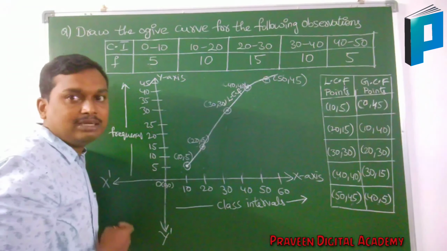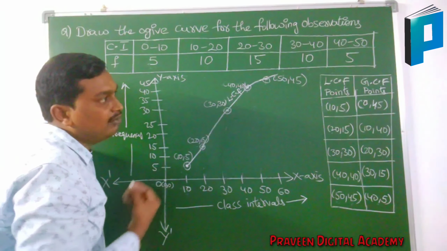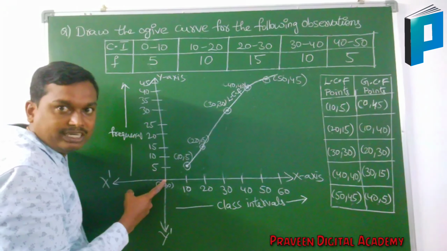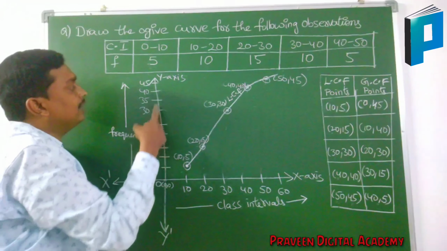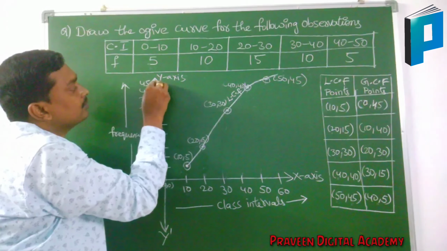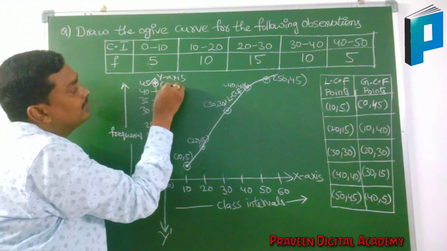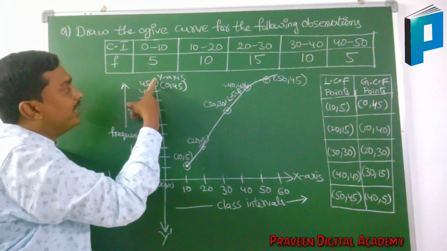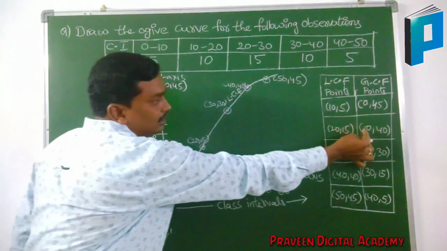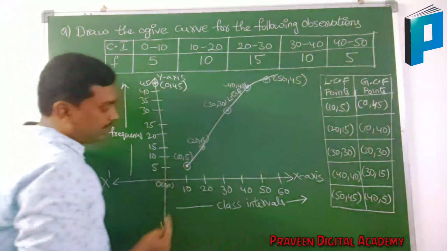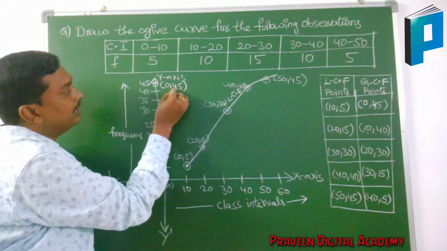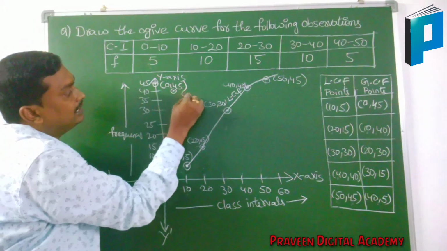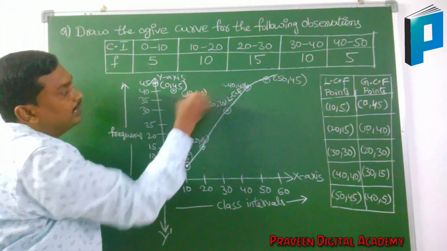In the same way we will draw the GCF points also. 0, 45. Here the x-axis is 0 and the y-axis is 45. This point is called 0, 45. And here 10, 40. Where the 10 and 40 meet, that is 10 comma 40.